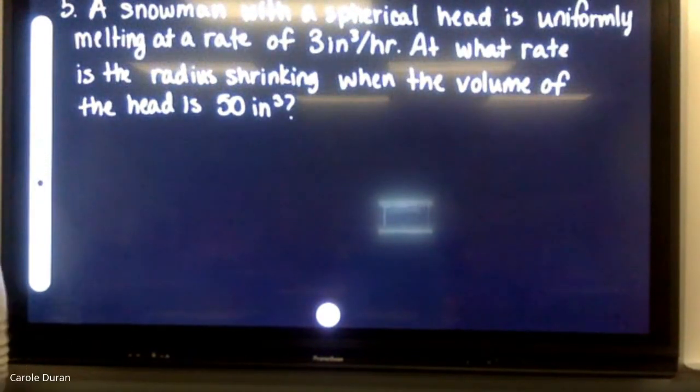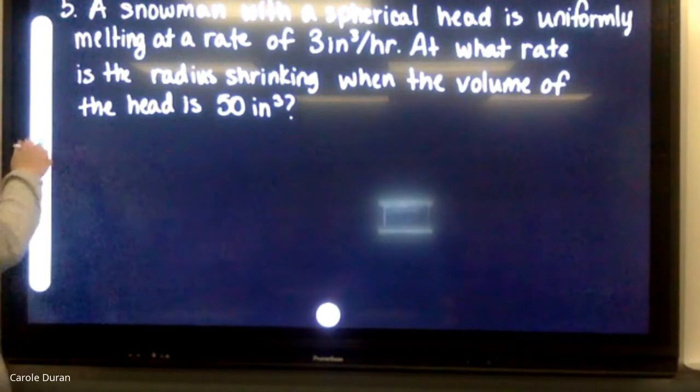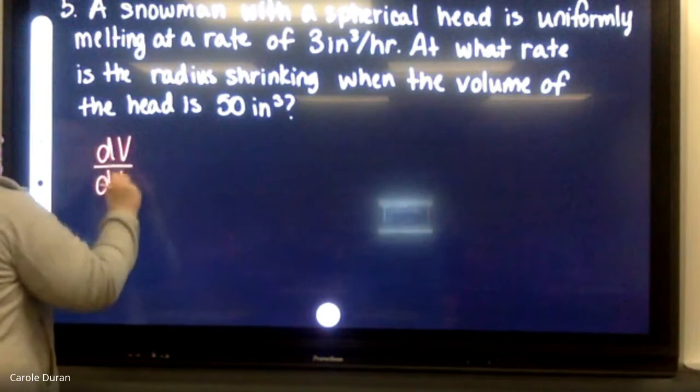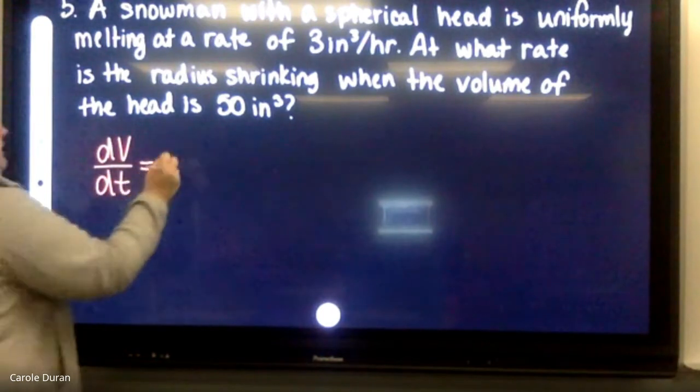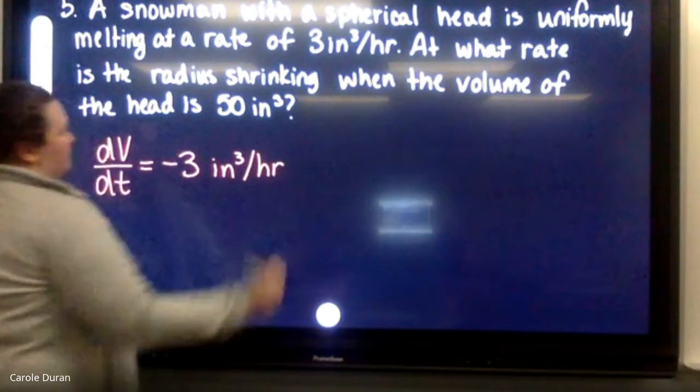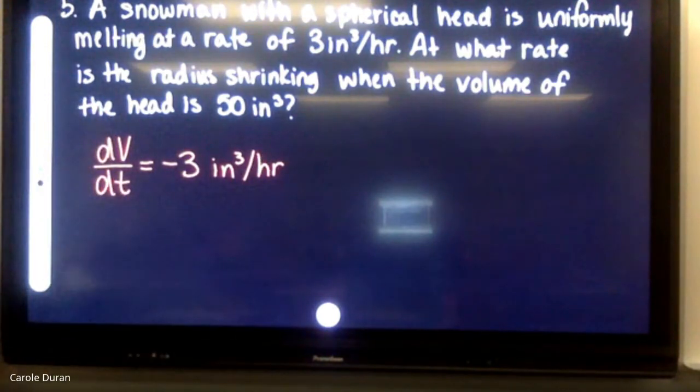It's melting at a rate of 3 inches cubed, which means that is the rate at which my volume is changing. So that's dV/dt, and it is -3 inches cubed per hour. Negative, because it is getting smaller. What other piece of information do I have? The volume is equal to 50.